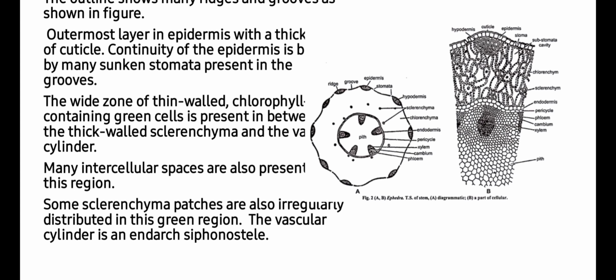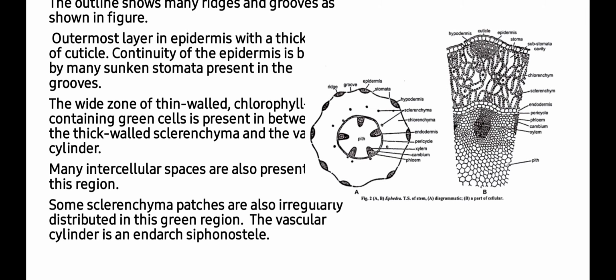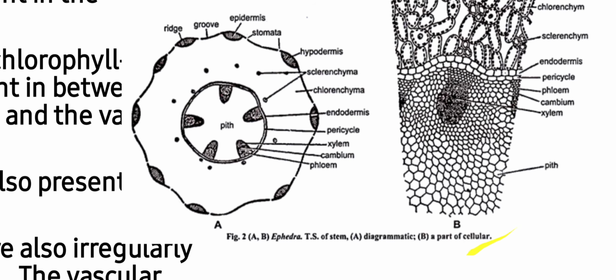Students, many intercellular spaces are also present in this region. Some sclerenchyma patches are distributed in the green region, and the vascular cylinder is endarch siphonostele. You know very well, endarch means xylem present toward the center.